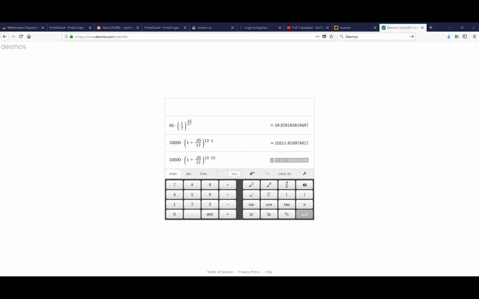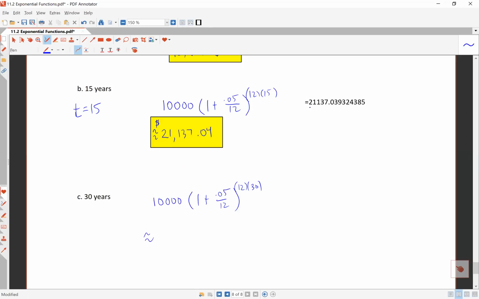And it starts to get good when you do these things for 30 years. So for 30 years, we change 15 to 30. The 15 years gave us $21,137.04.